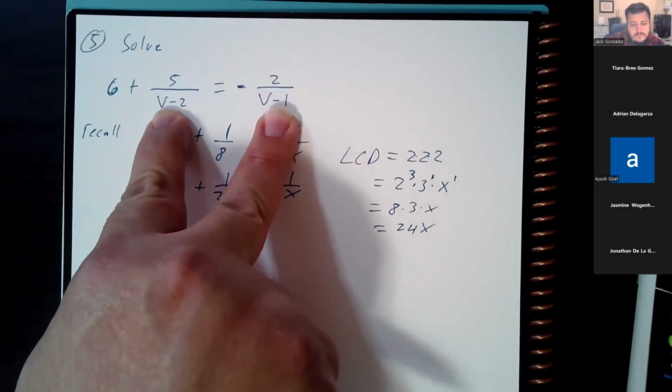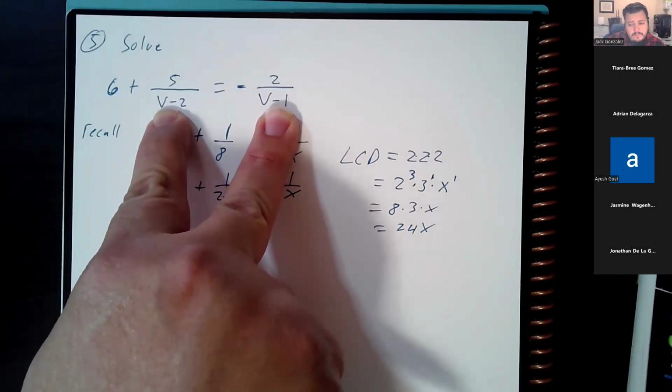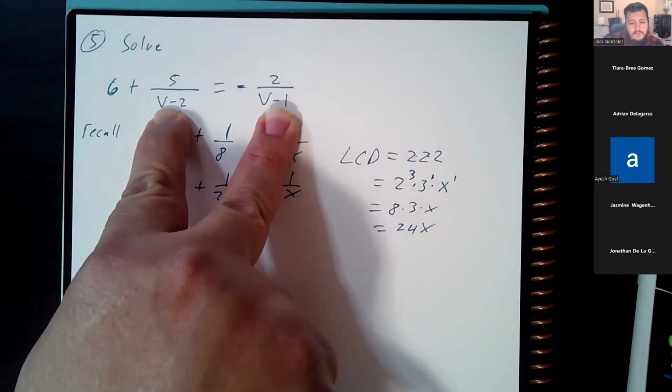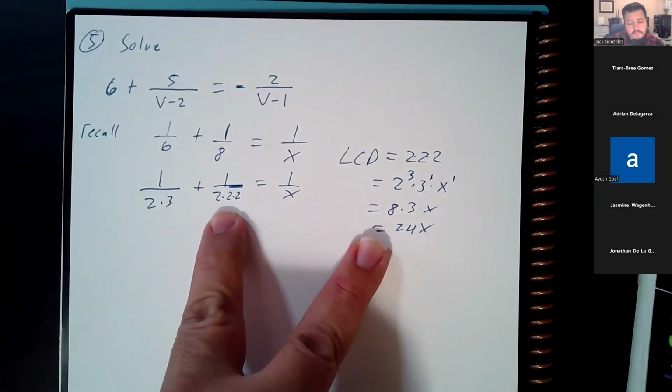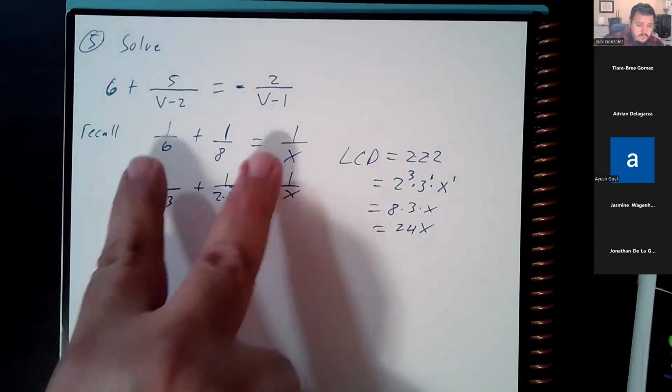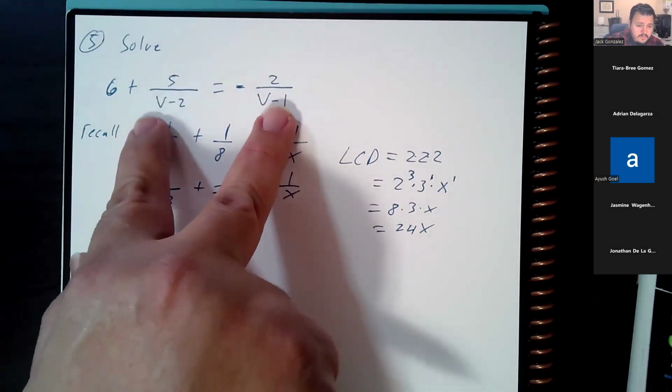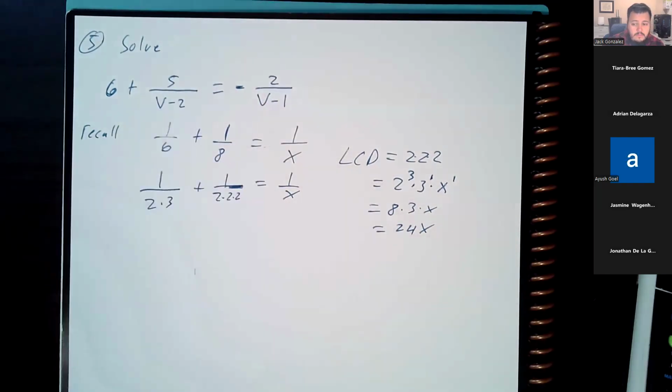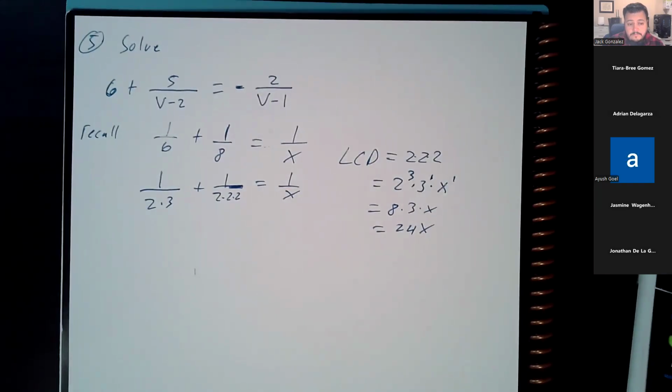It's not easy, right? You see my point? Why I did this? Because you can't, unless you're very gifted, divide this in your head, right? Do you see what I'm saying?